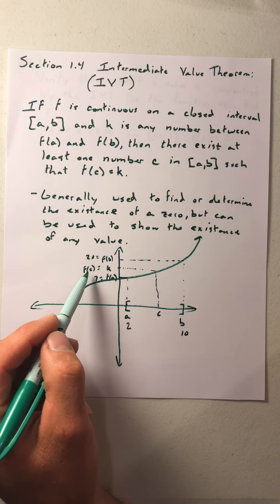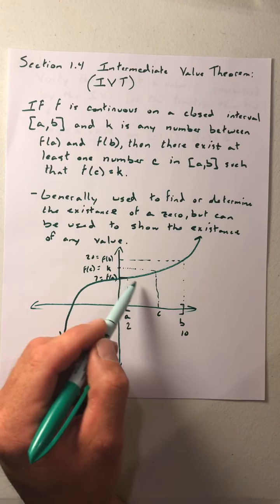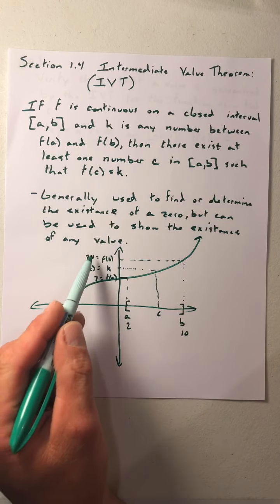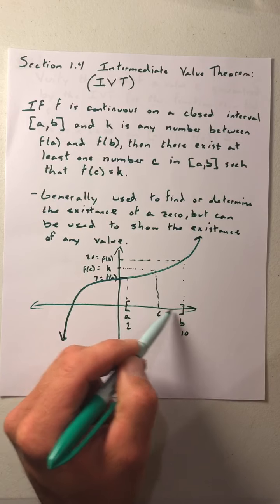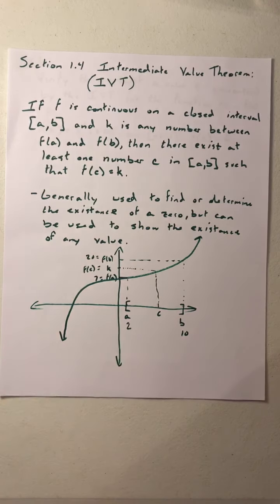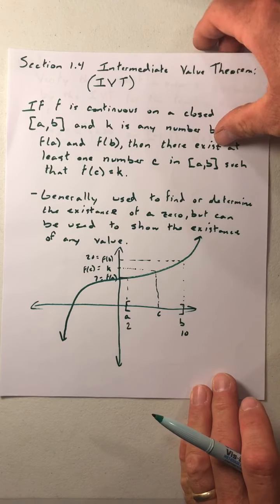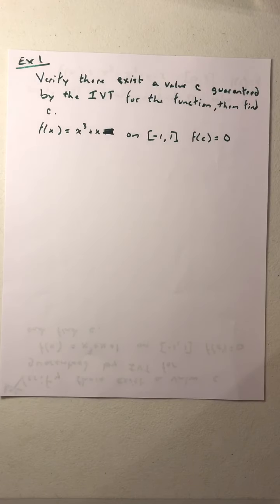Then there would exist a value between 7 and 20, and there's a c in between a and b. It might make more sense if we look at a couple of examples on how this is useful.